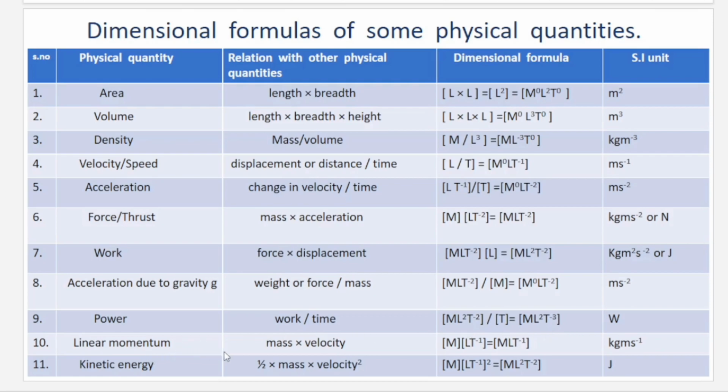Linear momentum is mass into velocity, mass is M, velocity is LT⁻¹, which will give us [M L T⁻¹]. And kinetic energy is half into mass into velocity squared. Mass is M, velocity is LT⁻¹ whole square, which will give us [M L² T⁻²].